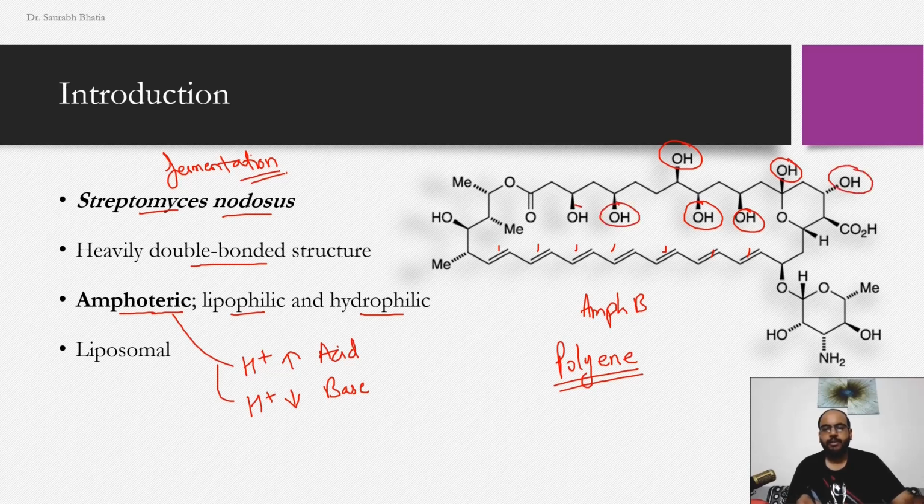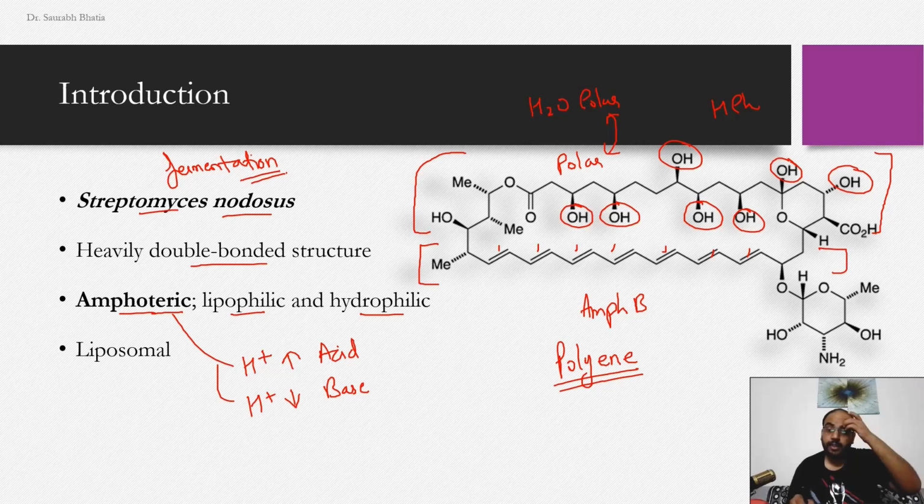So the presence of a lot of hydroxyl groups makes this area polar. And we all know that water is polar. So because of this polarity, this part of amphotericin B likes water and it is known as hydrophilic. Now this part has a lot of double bonds and double bonds are non-polar.